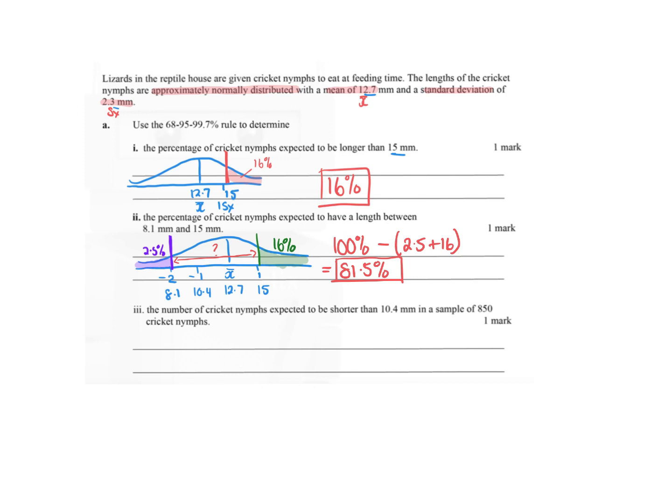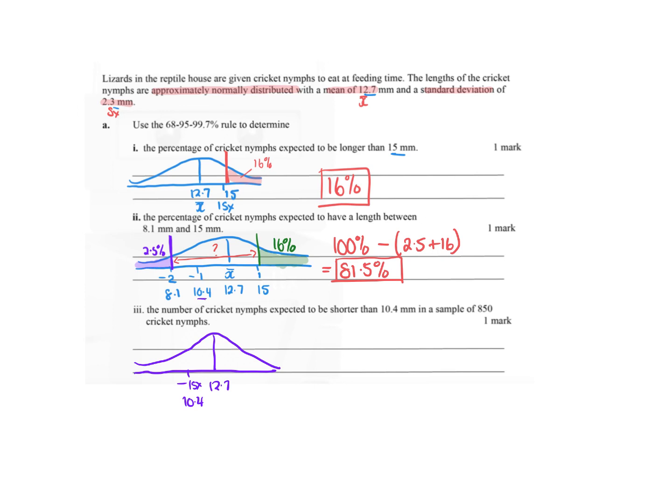I'm up to 3. The number of cricket nymphs expected to be shorter than 10.4 in the sample of 850. I'll just redraw it again. If I had my bell shape, the mean was at 12.7, but if I went down one standard deviation, I was at 10.4.